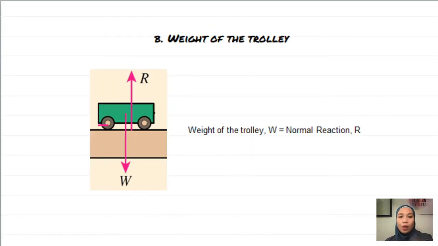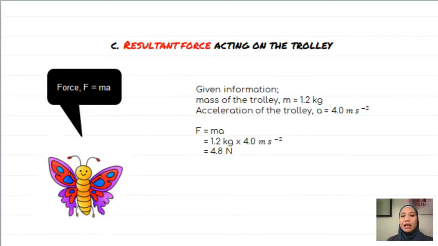Question B. What is the weight of the trolley? To compare the weight of the trolley and the normal reaction, those two forces are the same. They act in different directions but with the same magnitude. What is the resultant force acting on the trolley?